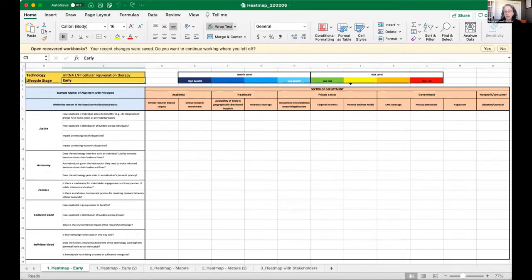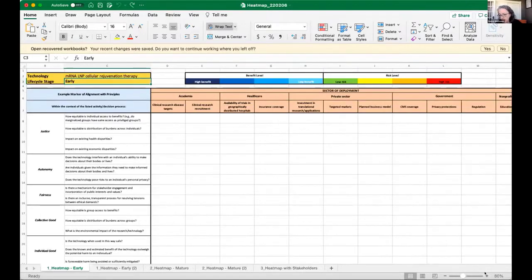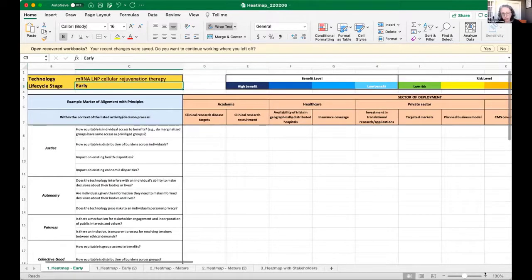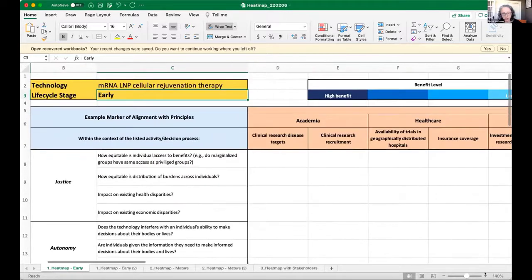And then along the top here, we have sector of deployment, so academia, healthcare, private sector, the sectors that I've shown you before on that pinwheel diagram, and then a series of activities or decision processes that we're focusing on. And I'll come to the color coding in a minute. So pardon me while I zoom way in so that this is legible.